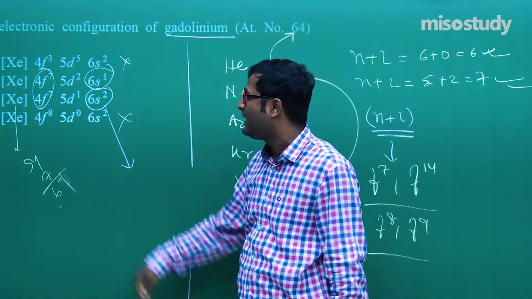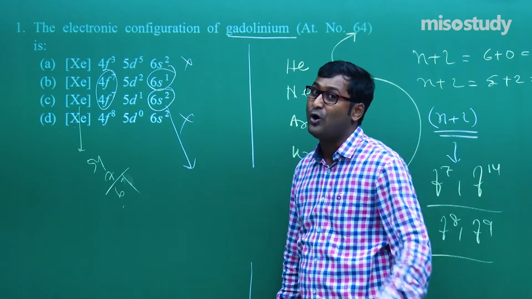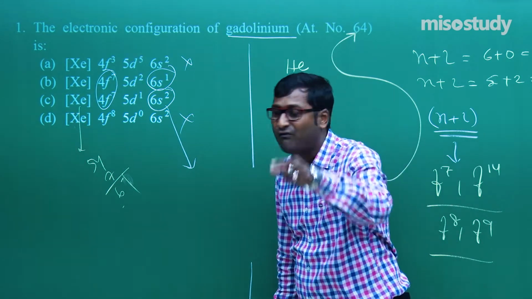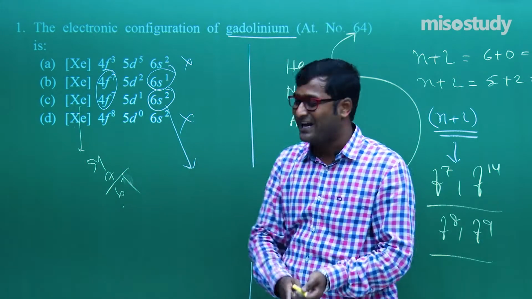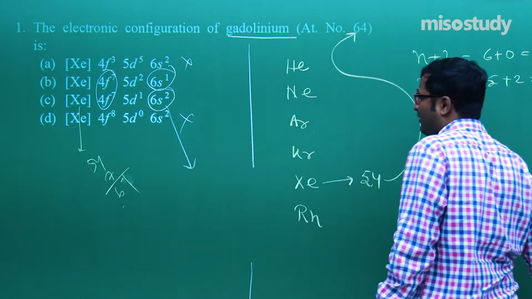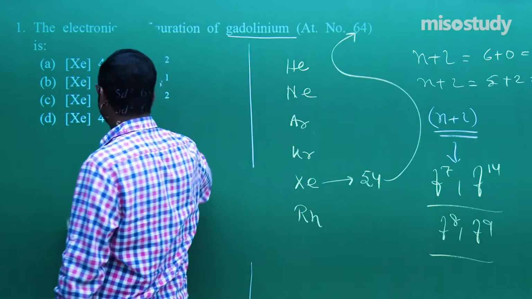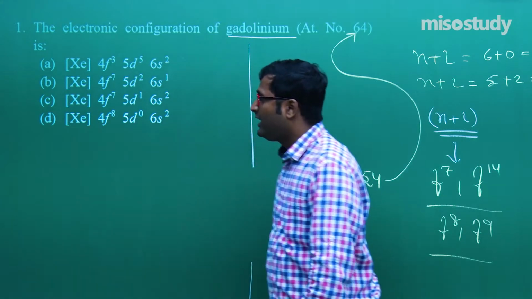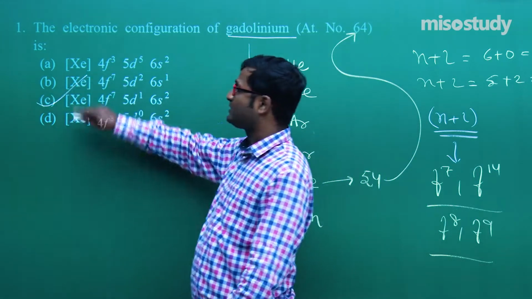It's so easy. 6s has the lowest value of n plus l, so it will occupy electrons first, then the electron moves towards 5d. So what is the answer now, friend? If we compare A, B, C and D, this is the correct explanation.